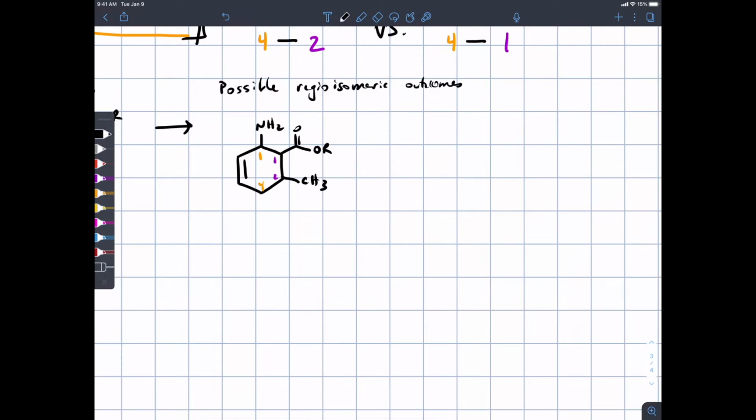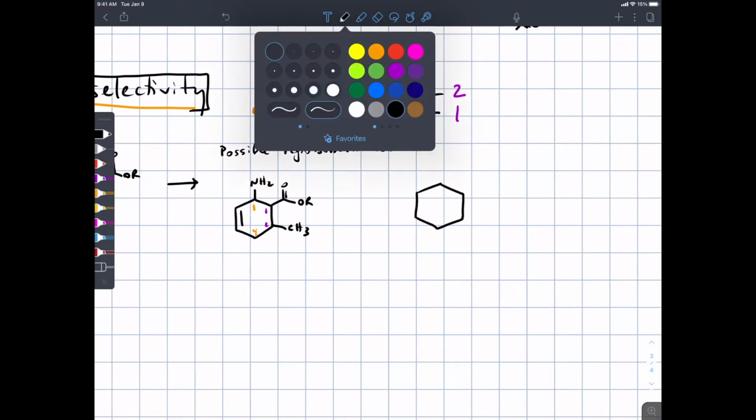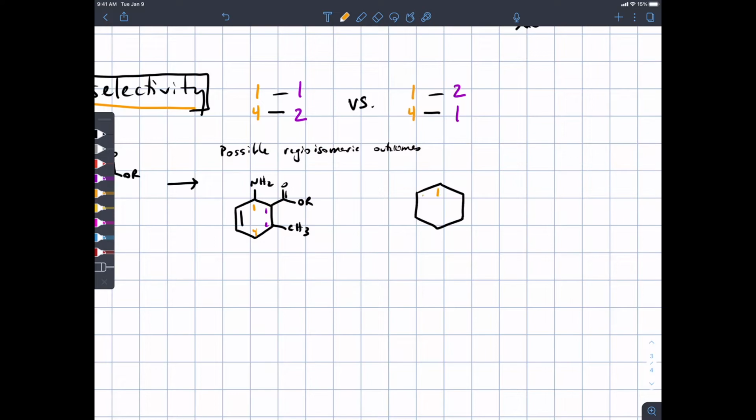In contrast, if I did the other connectivity, that is, if I had orange 1 bonded to purple 2 and orange 4 bonded to purple 1, I would have the following regioisomeric outcome.